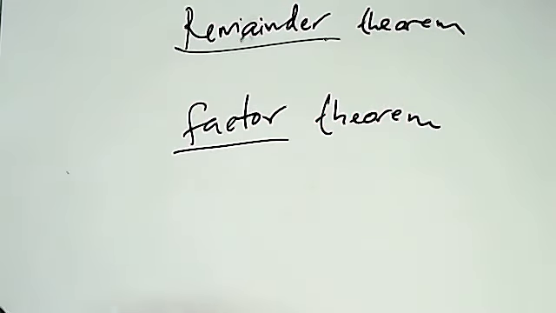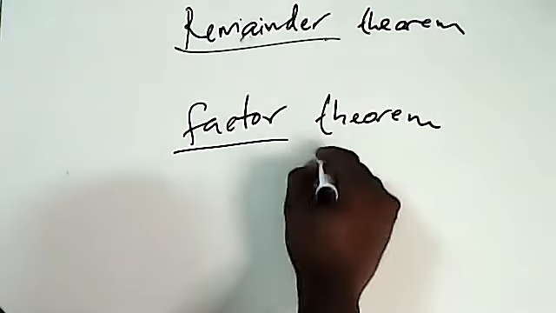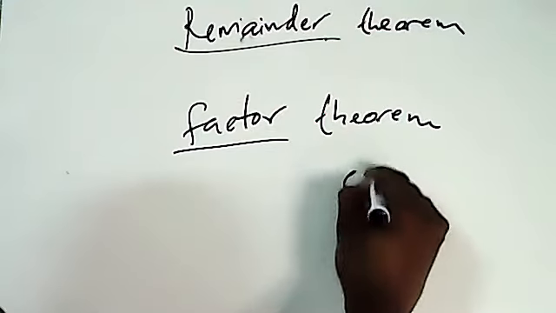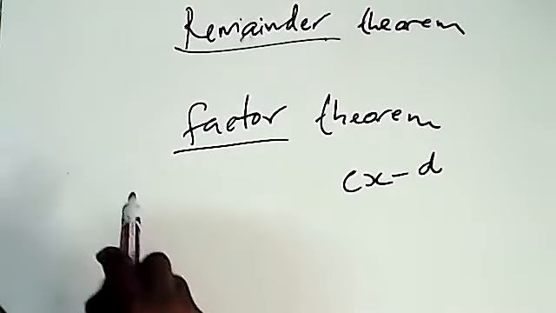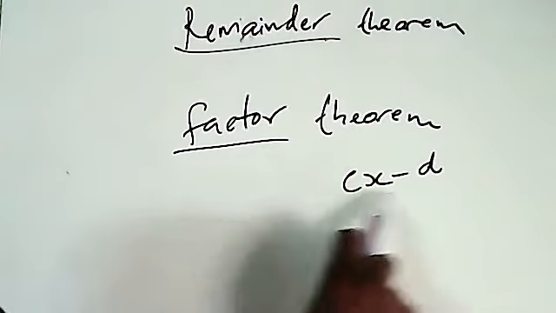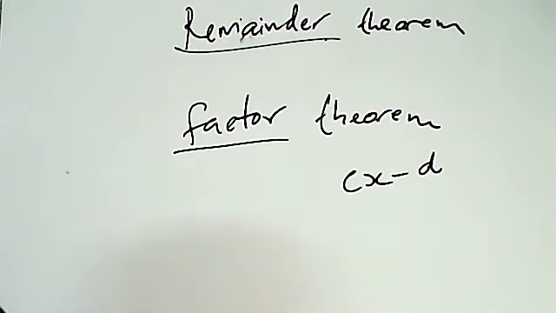In simplest terms, let's say you have something of this nature, you have cx minus d. We divide the cubic function by cx minus d. I repeat, we divide the cubic function by cx minus d, and it gives us the remainder.